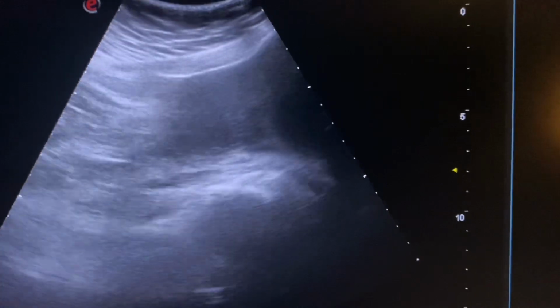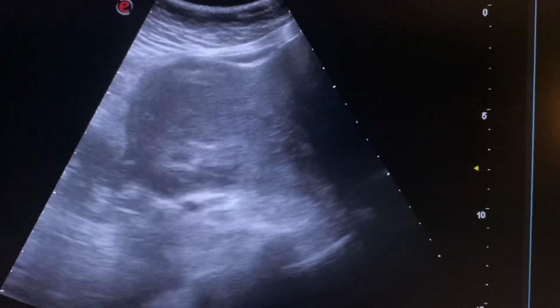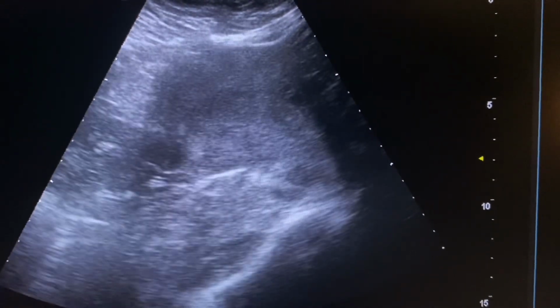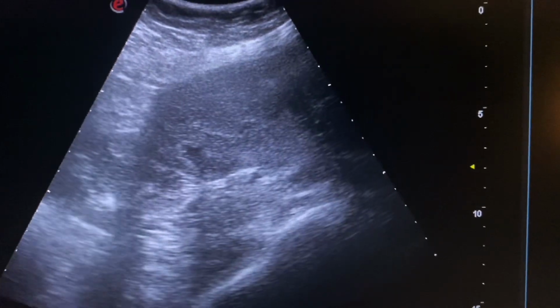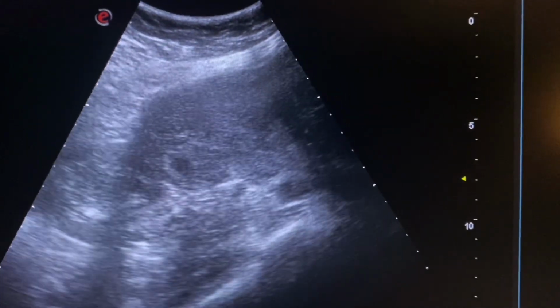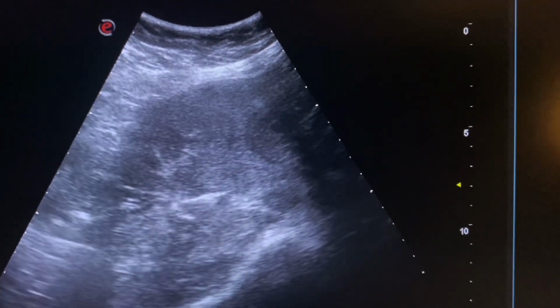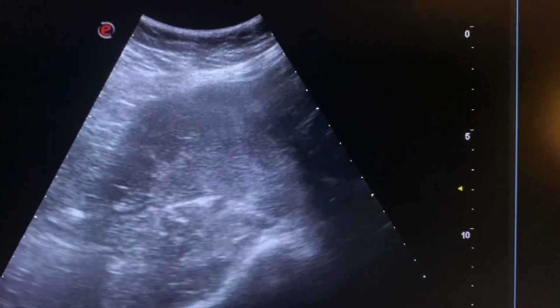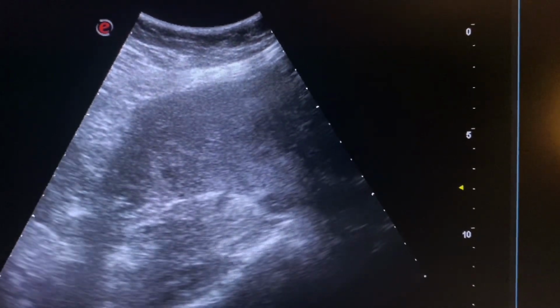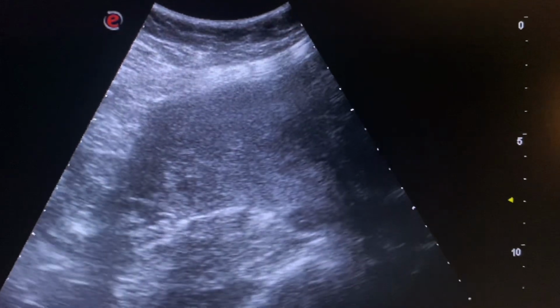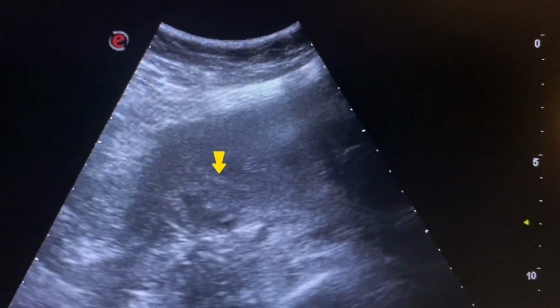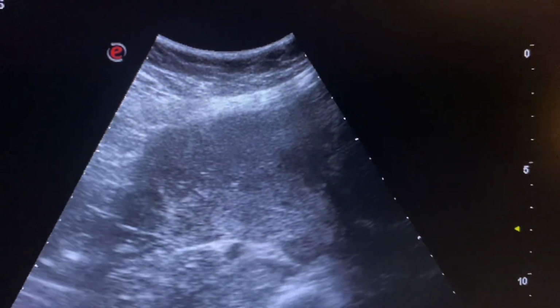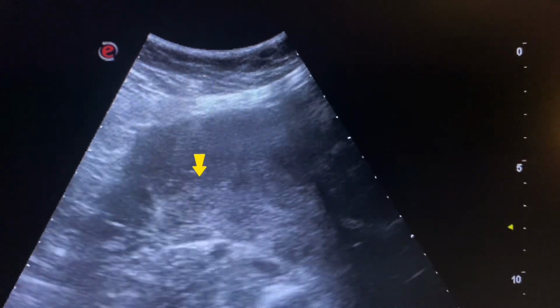Due to this large mass, the uterine walls are not appreciated clearly. Here we see the endometrium as a thin line.